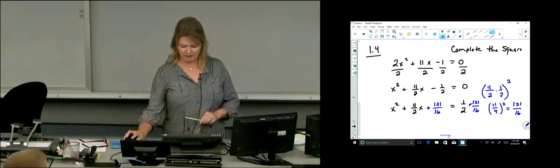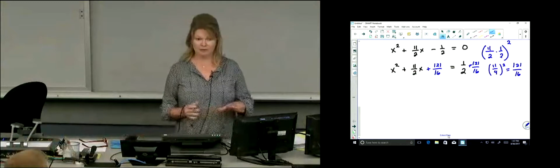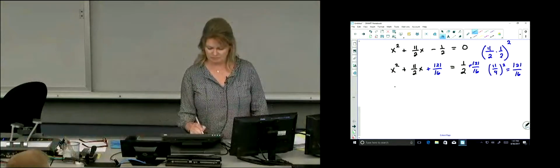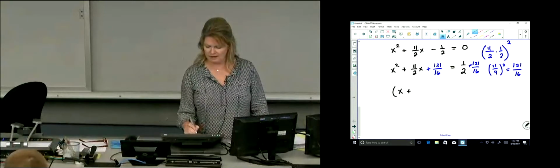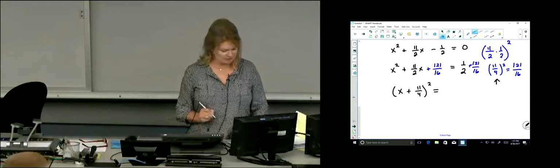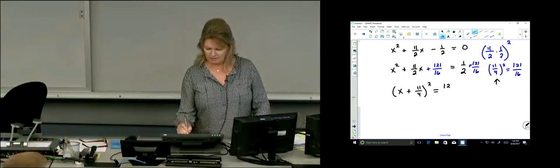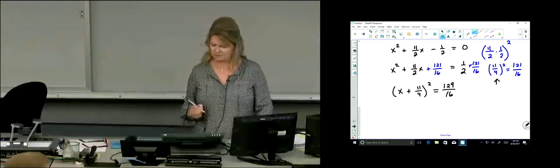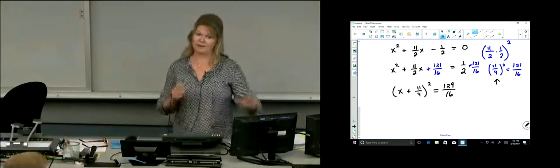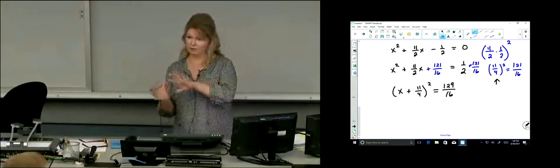So if I did this correctly, I should have a perfect square on the left-hand side. And remember, the number that's going to go next is the number that I squared, which was 11/4. And then you're adding 1/2 and 121/16. That gives me 129/16. Now I have one term squared equal another number.